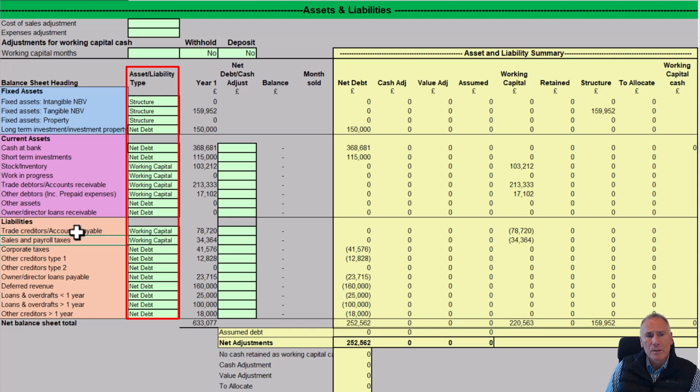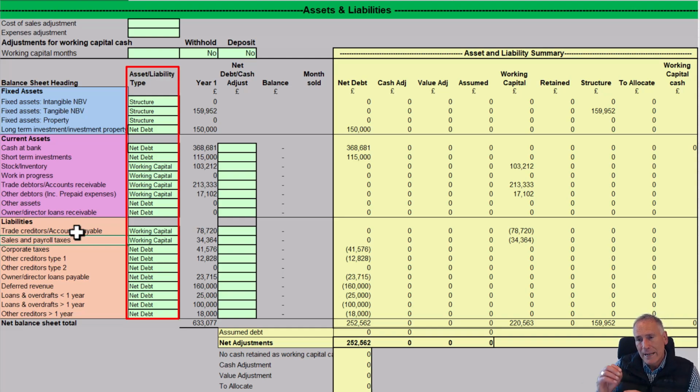And again, a bit like the structure or the main assets that are there to manufacture what the business makes, or vehicles that are key to that business, the working capital is part of the business. It's intrinsic to the business and its operation. So you would expect that the accounts receivable, the accounts payable, and all those types of things are part and parcel of the business. You expect to pay for those and for them to be part of the business.